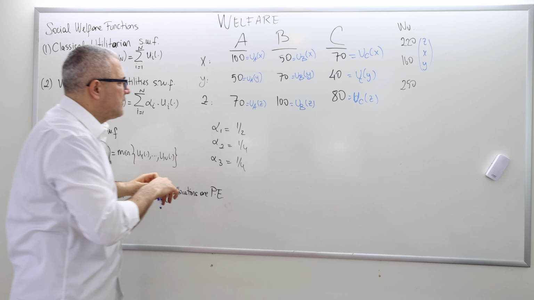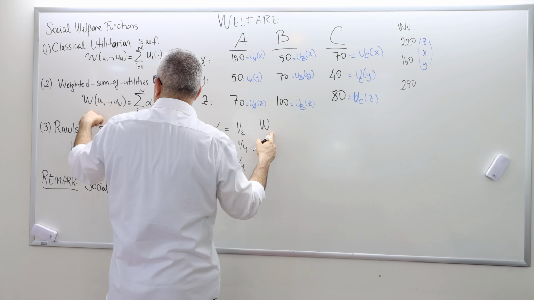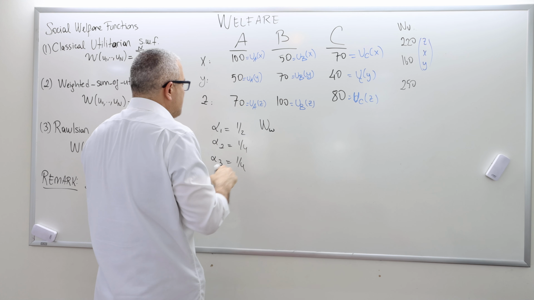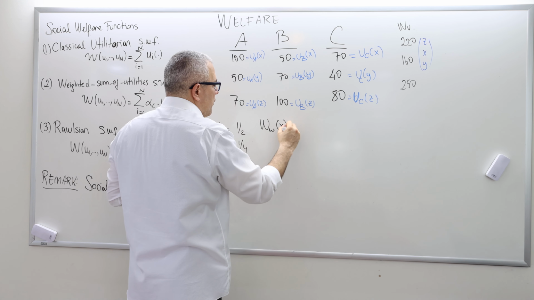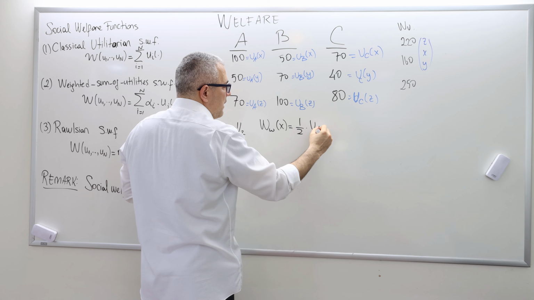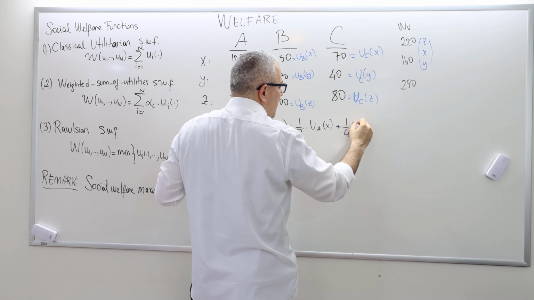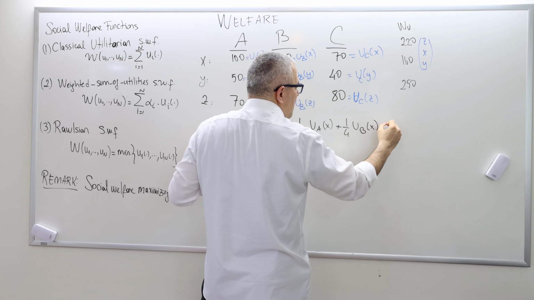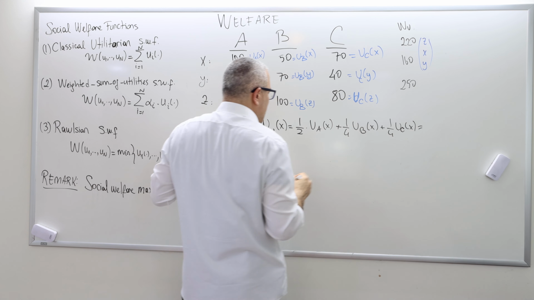If this is the case, well, what is the social utility? So let's denote this WW, all right? So the weighted sum of utility social welfare function for alternative X is 1/2 times agent A's utility for X plus 1/4 agent B's utility for X plus 1/4 agent C's utility for X. All right?